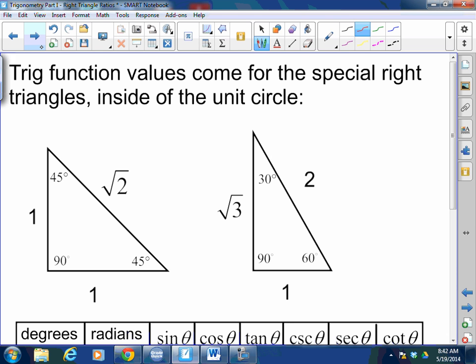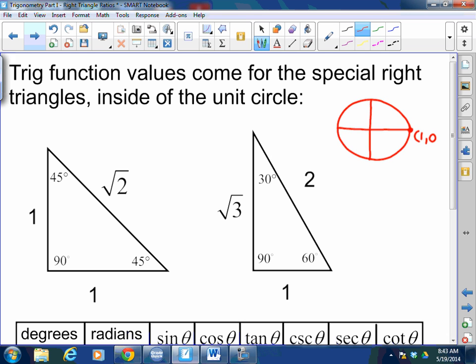Trig function values come from special right triangles that are within what's called a unit circle. And a unit circle is basically a circle with a radius of 1. You're going to learn a lot more about that next year, but basically, this is a unit circle, okay, where the radius is 1.